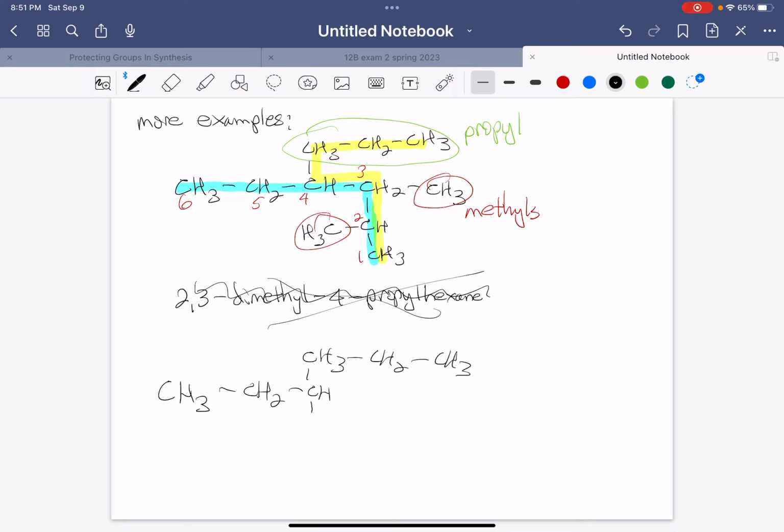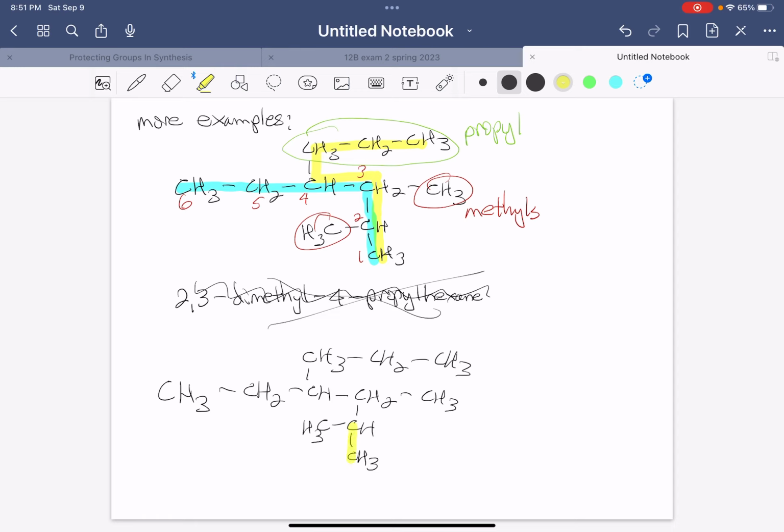So I kind of jumped the gun a little bit when I was going through here and looking for the longest chain. And that goes to show you that you really do want to take your time and make sure you really do have the longest chain.